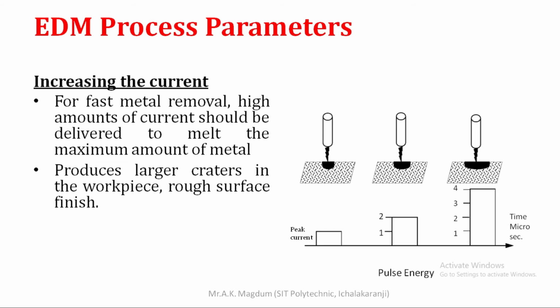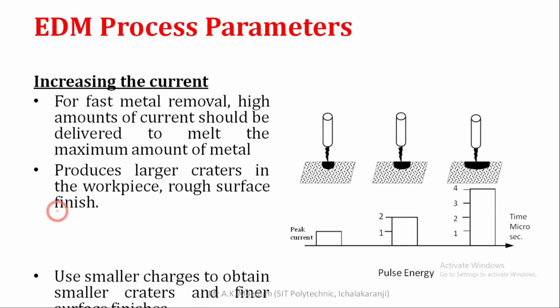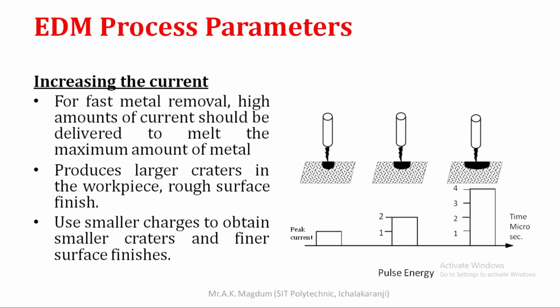Whenever you increase the current, no doubt the material removed from the workpiece is maximum. But at the same time, craters form on the workpiece, and the rough surface finish is what we get at the end of machining. Next, use smaller charges to obtain smaller craters and a finer surface finish.